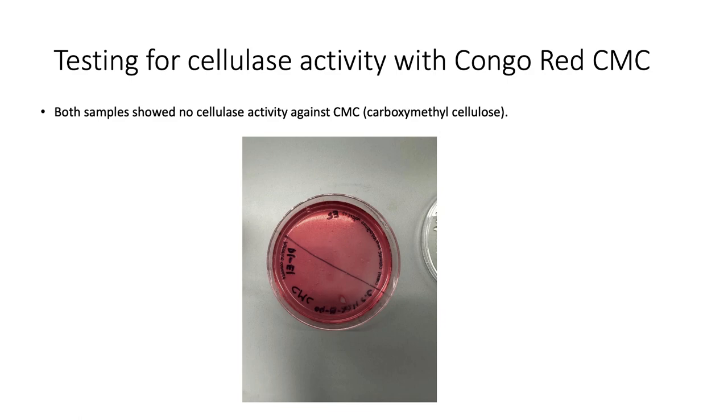Here, the top quadrant had our E2 sample and the bottom quadrant had the D1 through E1 sample. Both samples show no cellulase activity against CMC, or carboxymethyl cellulose, substrate. We also saw a white dot on the plate, but that was likely due to a lump in the agar gel.